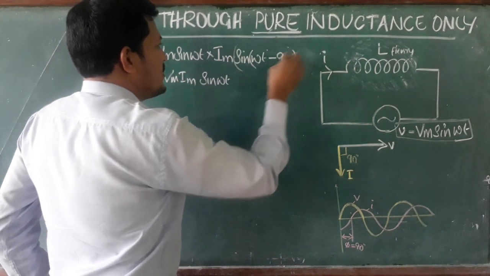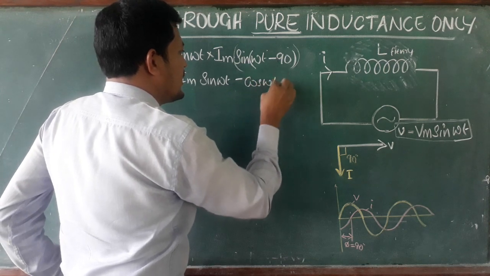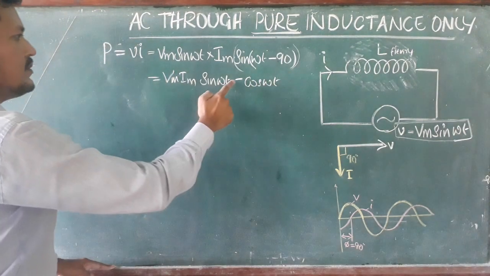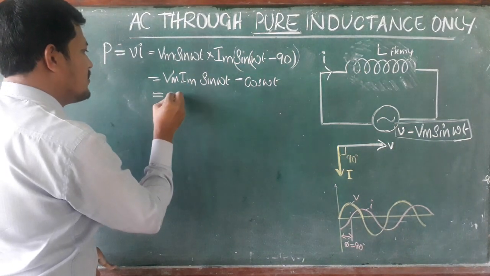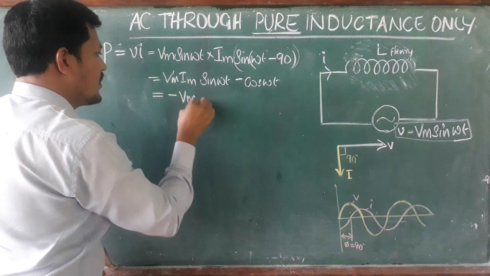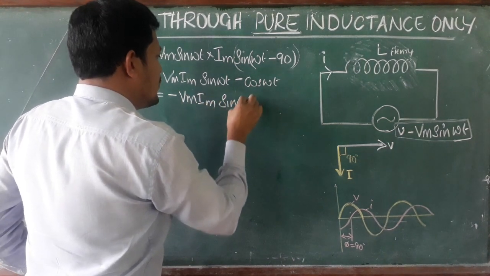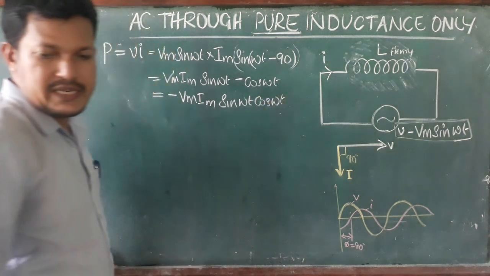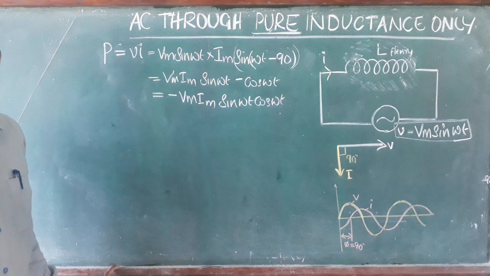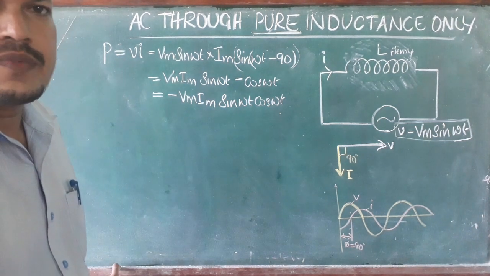So this value, we already know, is minus cos omega t. Now we can multiply: we can take minus Vm Im sin omega t cos omega t.